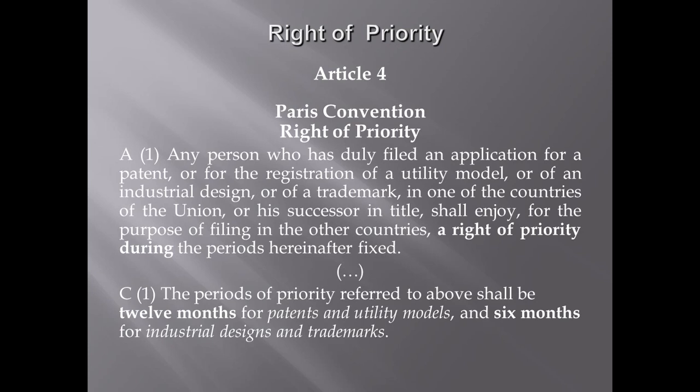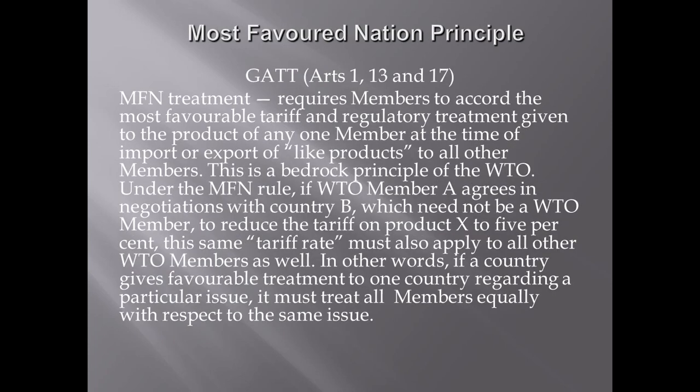So once you have filed in one country, like I've previously said, you now have the right of priority in other countries. The period of priority referred to above shall be 12 months. So the right of priority is granted for a period of what? 12 months for patents and utility models and 6 months for industrial designs and trademarks.